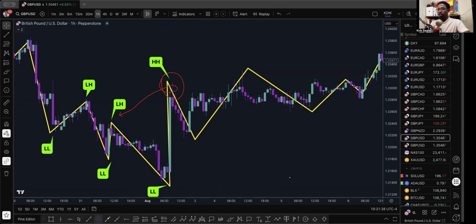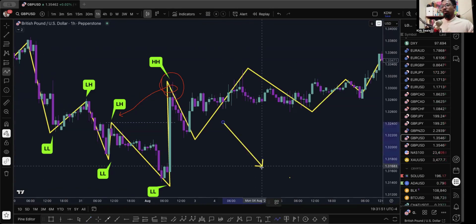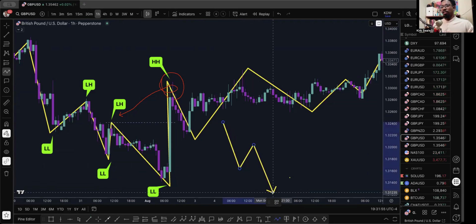All right. So this is the higher high, but we don't have a complete pattern as yet. So this is still mostly in a downtrend. This is price coming down like this. It's still mostly in the downtrend. We just got this.